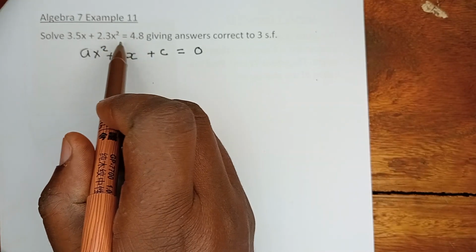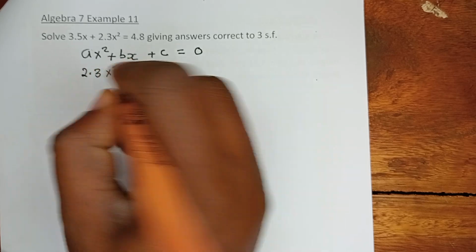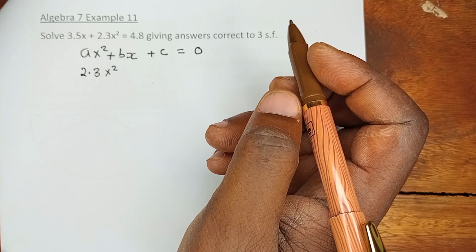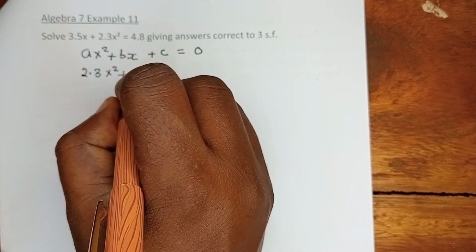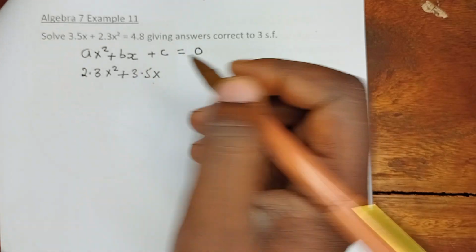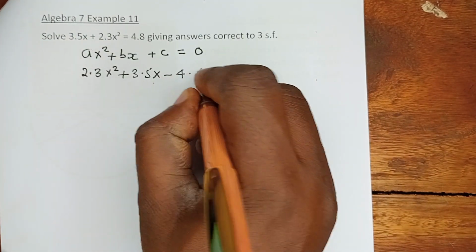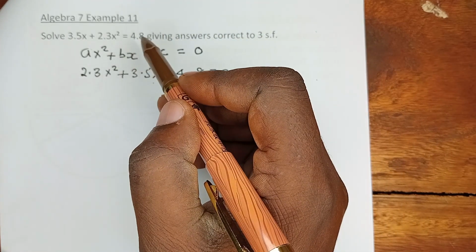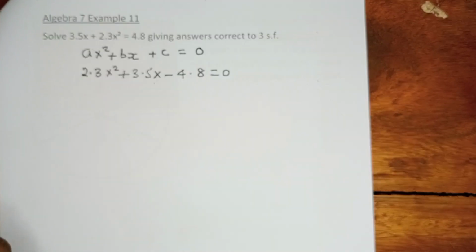So the term that has x squared is 2.3x squared, plus 3.5x, because they are on the same side, minus 4.8 is equal to 0. You realize this 4.8 has to come to the side. And that's where we are.